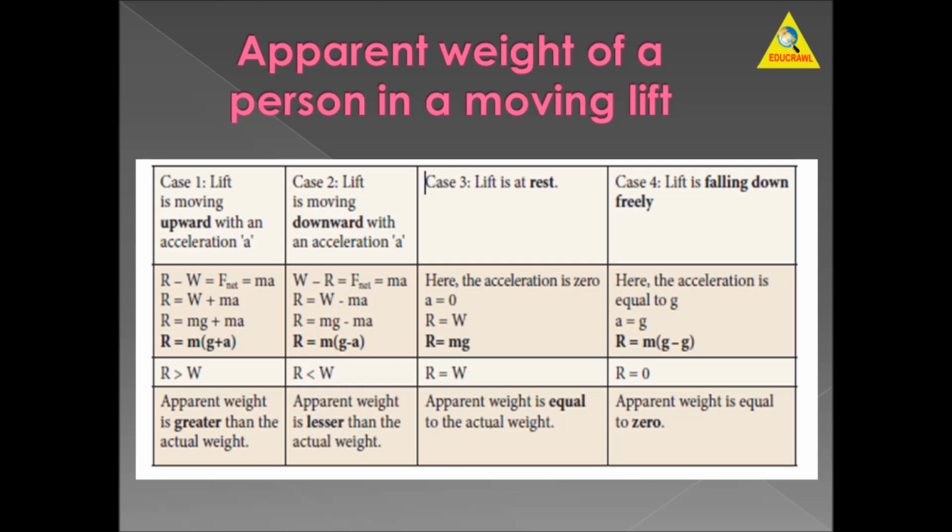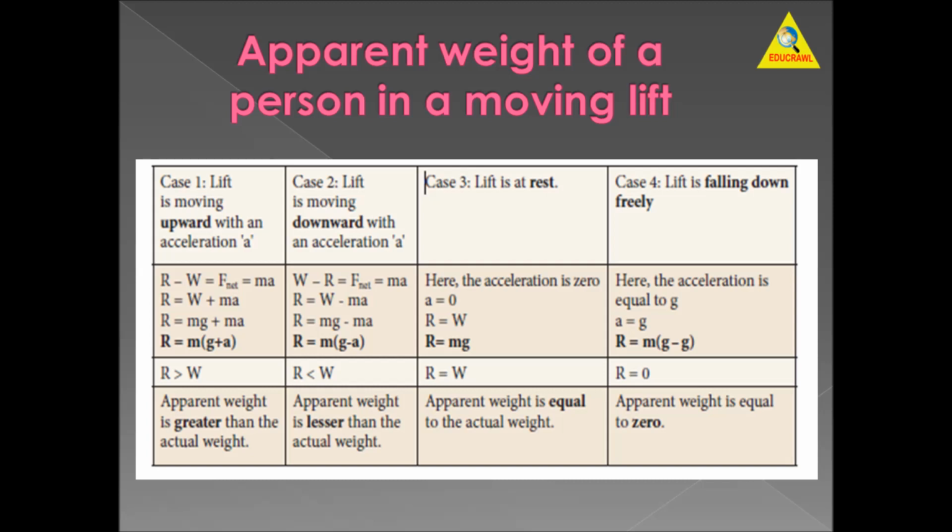There is a difference. The difference is in case 1, the lift is moving upwards. The direction of the lift is same as the reaction force R, and it is opposite to the actual weight W. Hence, we had given minus W for opposite and plus R for the same direction.